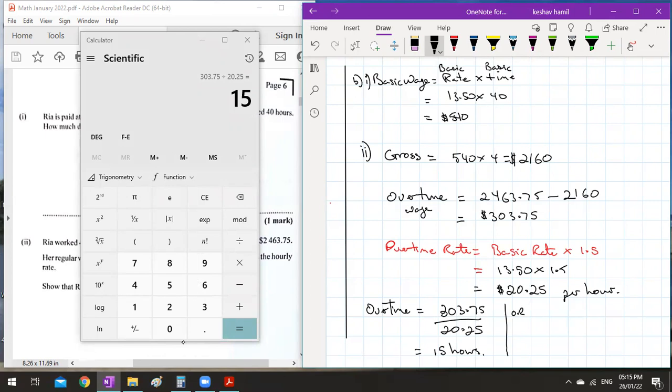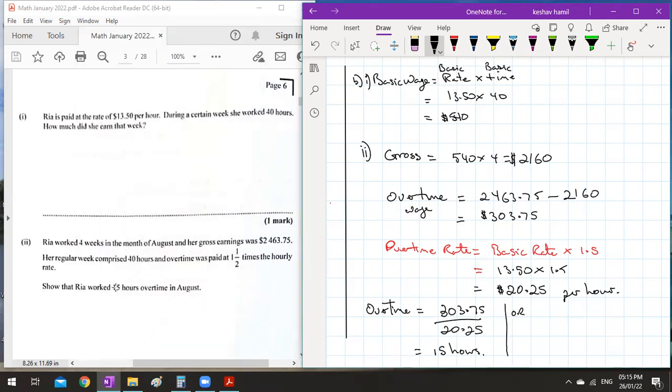Or we could say they give us the amount of overtime. $20.25 by 15. We should get 303.75.